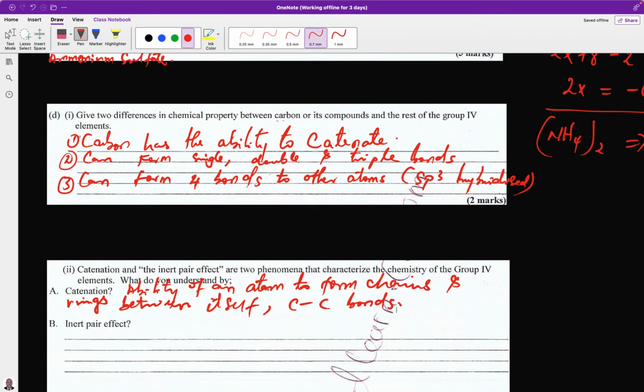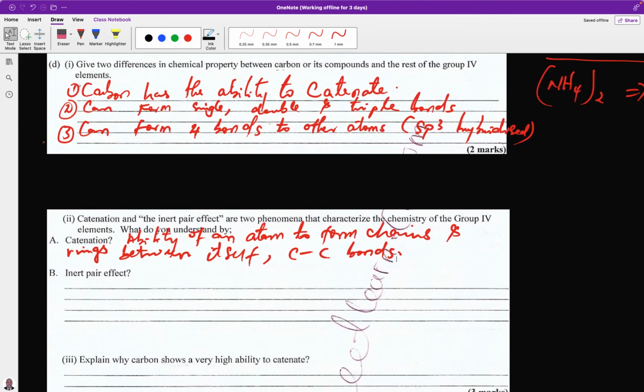Then another one is, what do you understand by the inert pair effect? This is a phenomenon where the two electrons in the s orbital remain paired and do not participate in bonding. Let me put it this way.